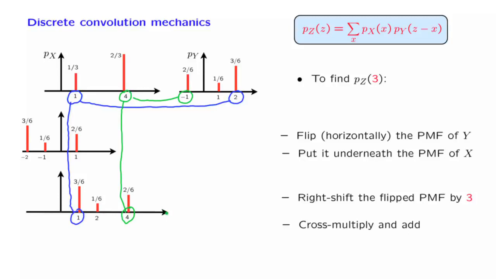Now, if we wanted to find the probability that z equal to 4, we would be doing the same thing, except that this diagram would need to be shifted by 1 more unit to the right, so that we have a total shift of 4. So we just repeat this procedure for all possible values of z, which corresponds to taking this diagram here and shifting it progressively by different amounts.